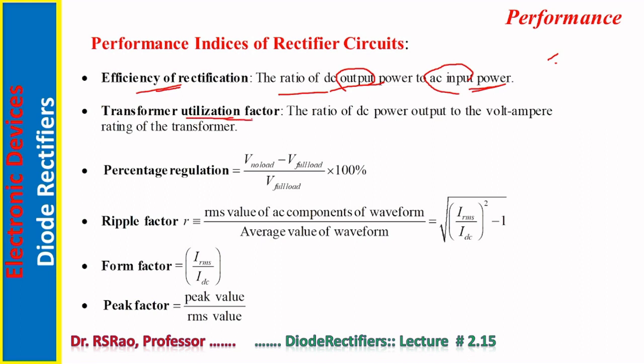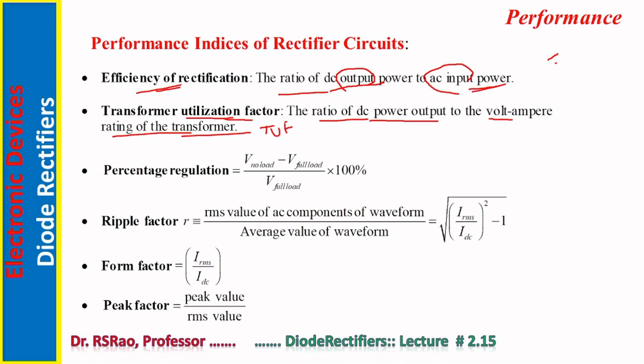Transformer utilization factor is another performance index. The ratio of DC power output to the volt ampere rating of the transformer. It is transformer utilization factor or TUF.